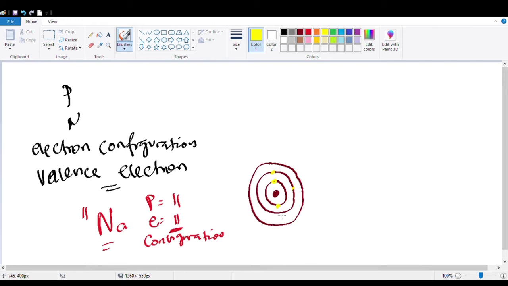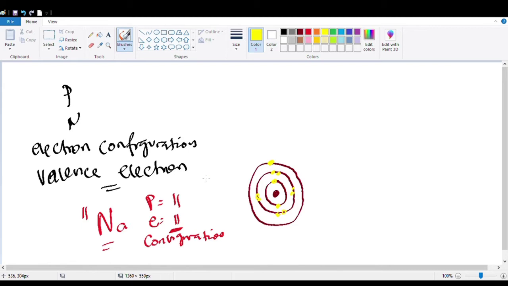So you put another electron in the second shell: 4, 5, 6, 7, 8, enough. So it reached the maximum electrons. It means there is 1 electron left, so you put it in the last shell. So what is the configuration?